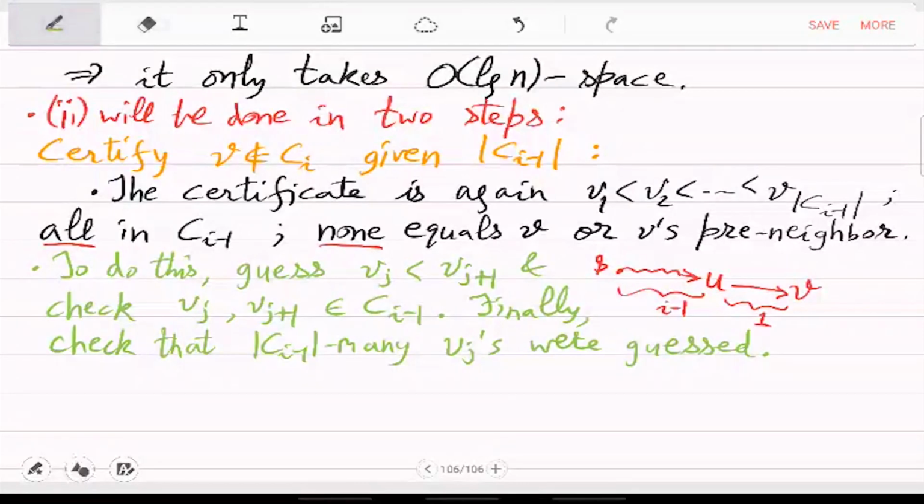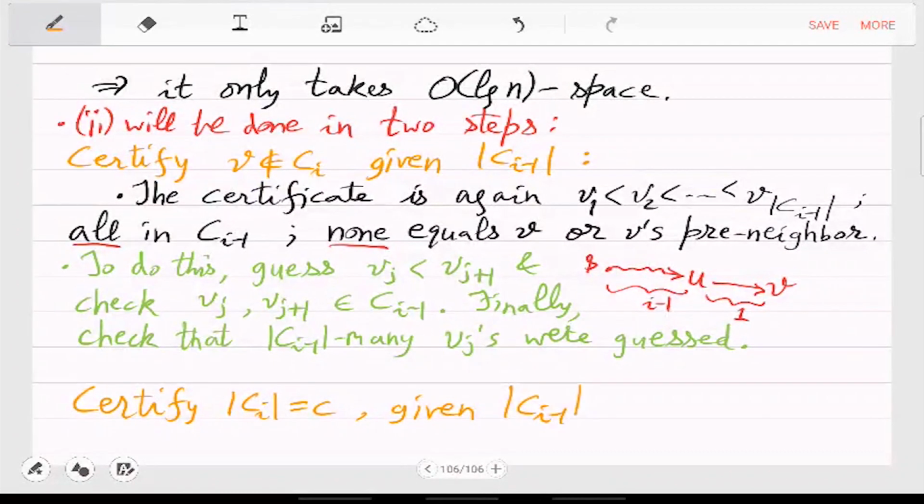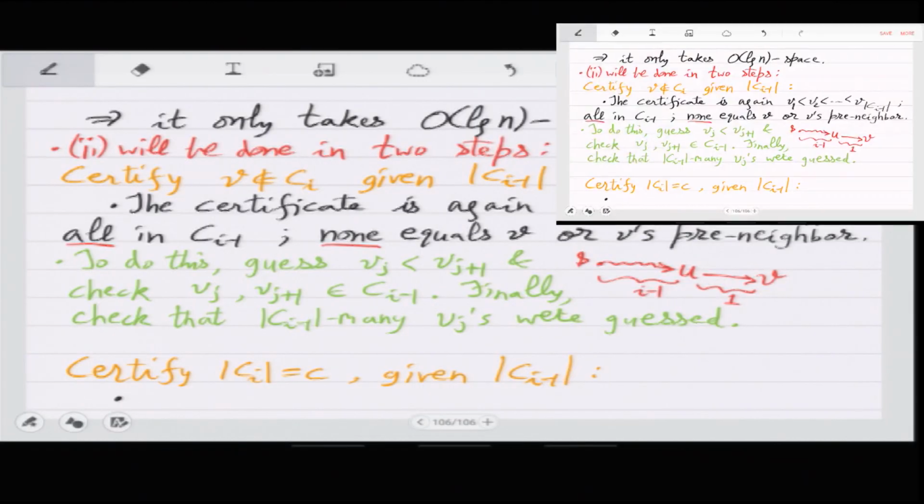Finally coming to item 2: certify that Ci is the given C that one has guessed, given the size of Ci minus 1. Given the previous size, how do you certify that the current size is C? The only way is you guess all the C vertices.